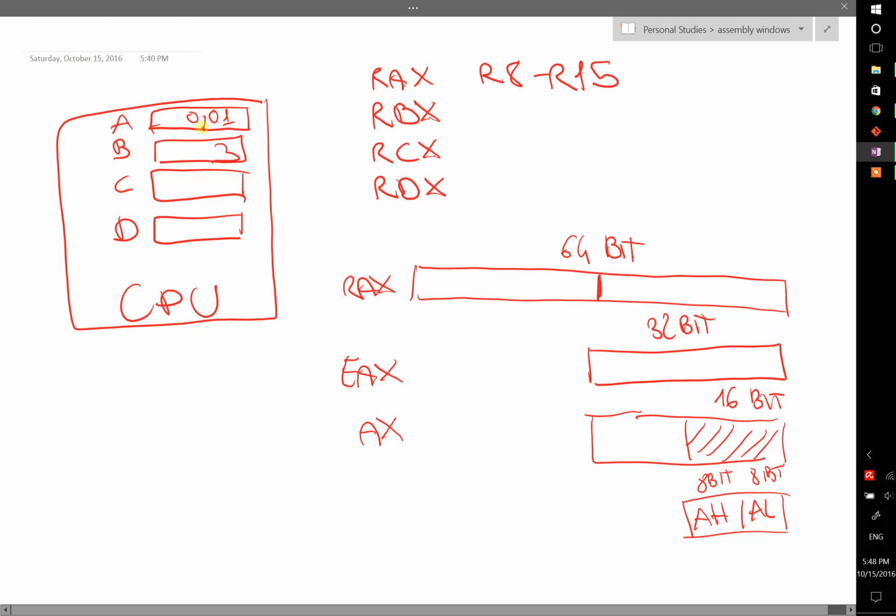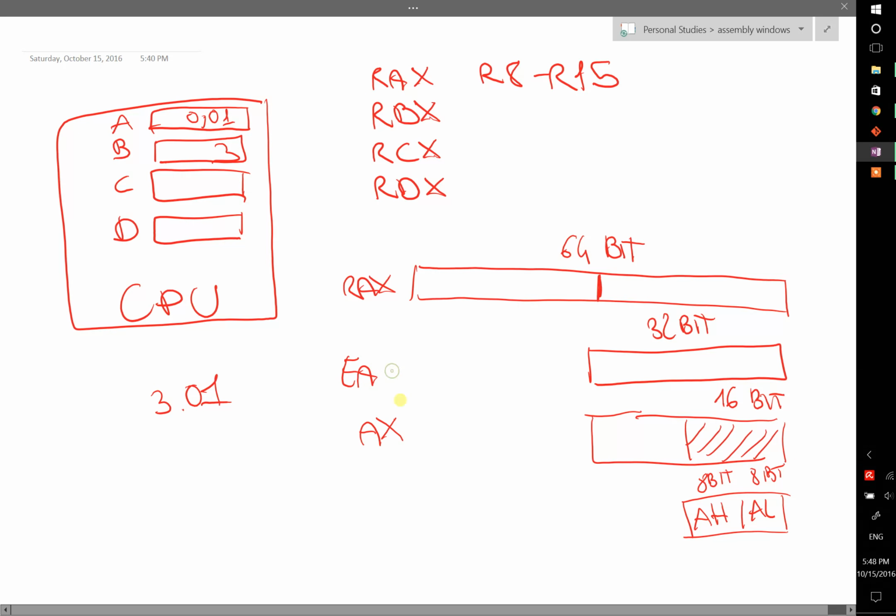So 0.01 is perfectly legit. But then if you try to do the addition, you're not going to get the 3.01 that you expect. You're going to get garbage pretty much, because integer addition is different from floating point addition. So in order to get the right result, you need to use registers meant for floating point operations.